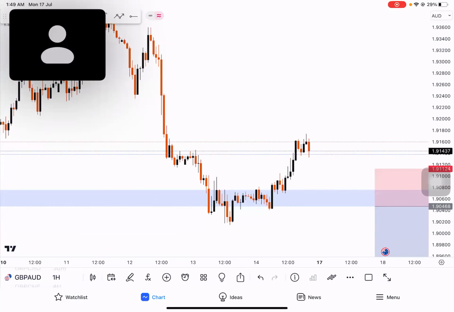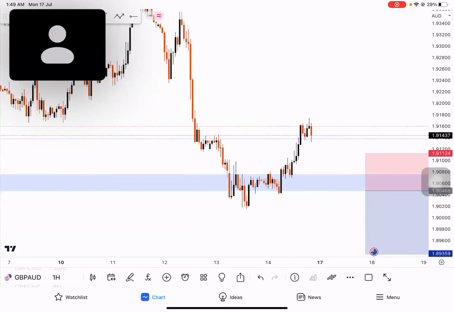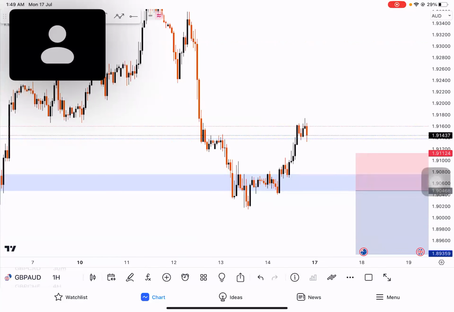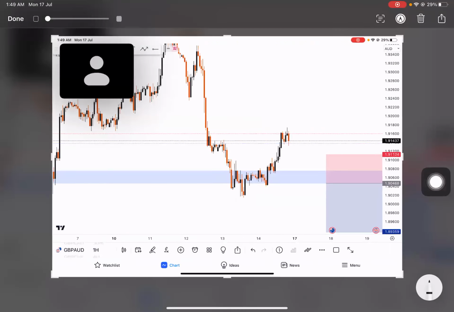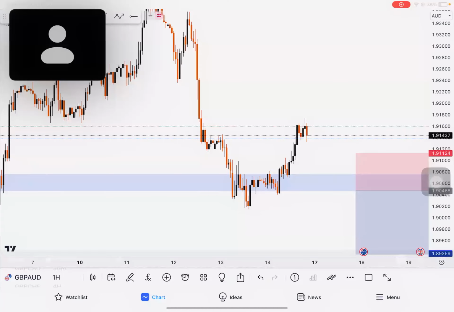H1 is already showing buy. This one is the change of character. Right now you can take the buy until here, try to look for the buy setups until this level for H1. This is for GBP AUD.